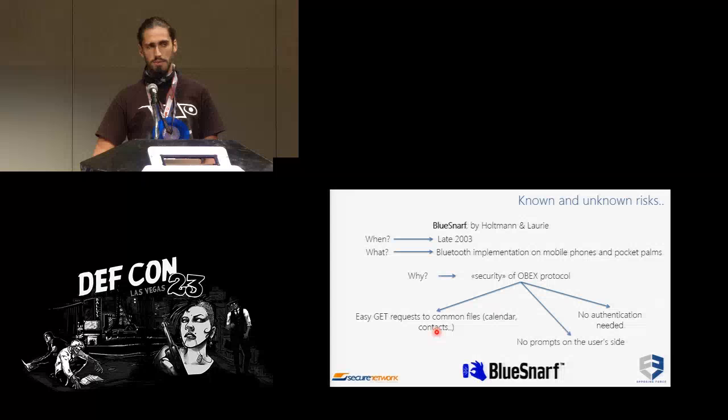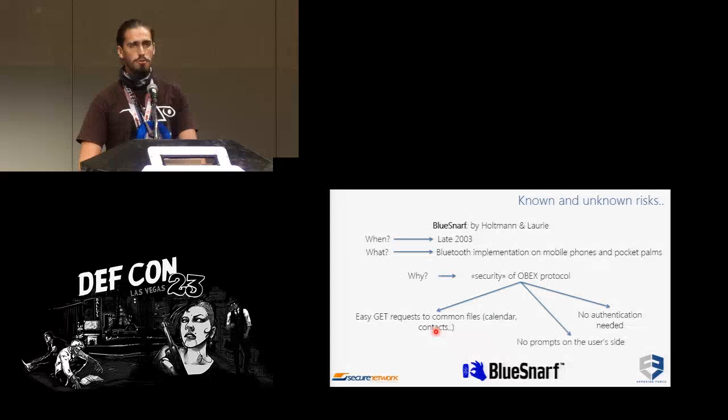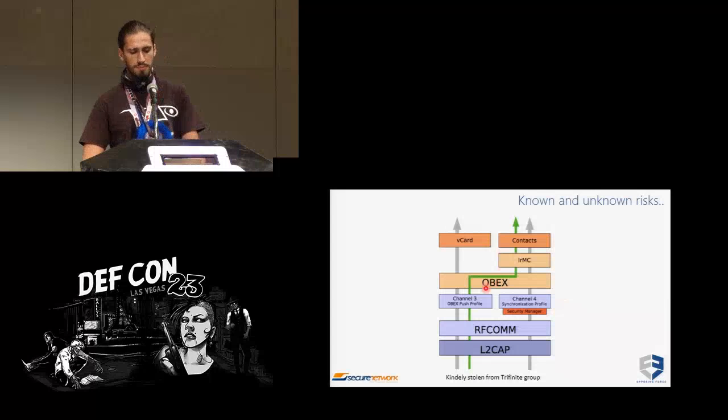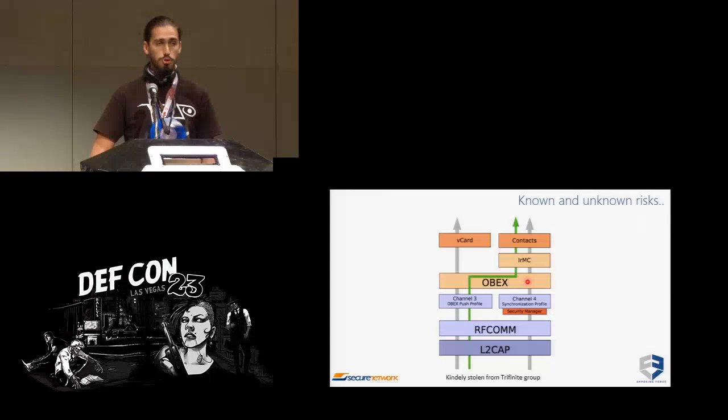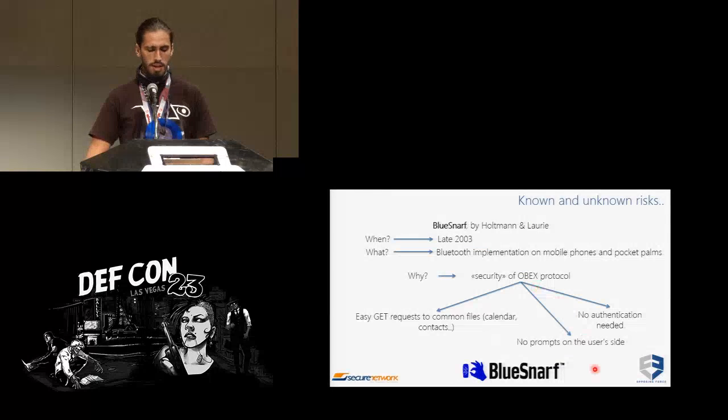If you make GET requests targeted to common files such as calendar or contacts, you know the name and the path, and you were bypassing the security manager channel and just going through this protocol of exchanging files. So the user was not seeing any prompt on their device, and there was no authentication needed.